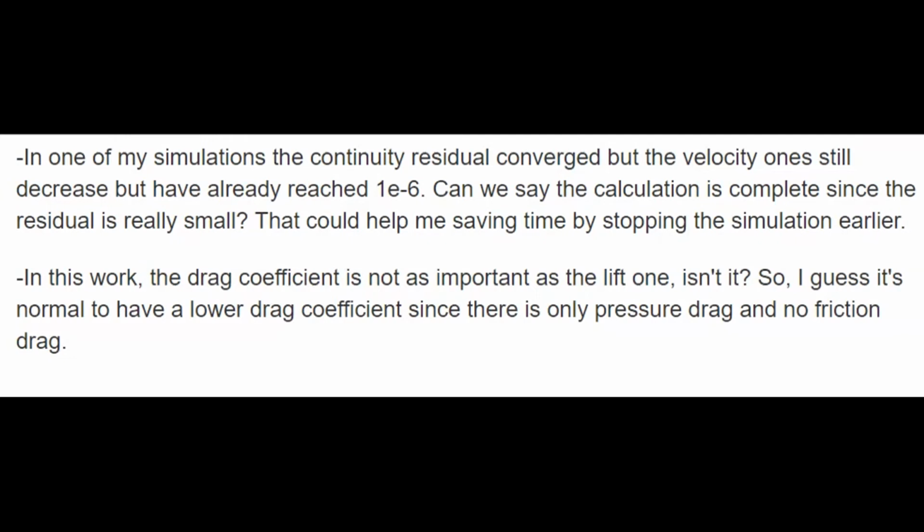For some simulations, you can decrease this value if your simulation is converging really, really slowly and you need more confidence that convergence happened, then you decrease it to 10 minus 5, 10 minus 6.